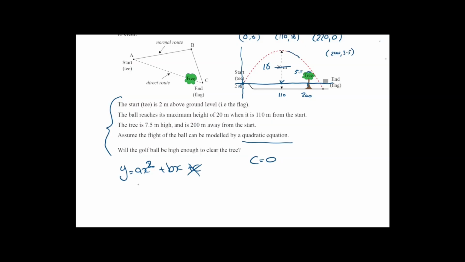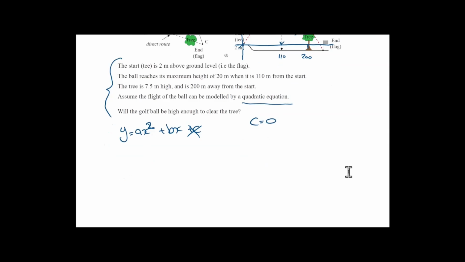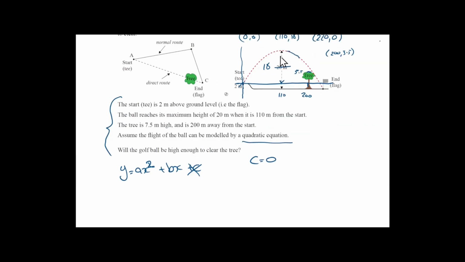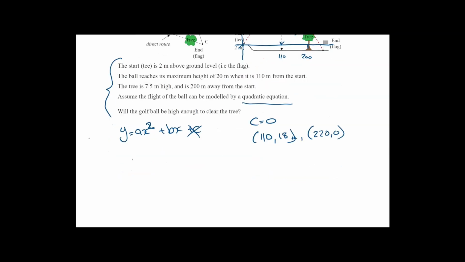What we can do then is put the 2 points here, (110, 18) and (220, 0), into this equation and get the answer for a and b. So just take a note of that. (110, 18) and (220, 0).